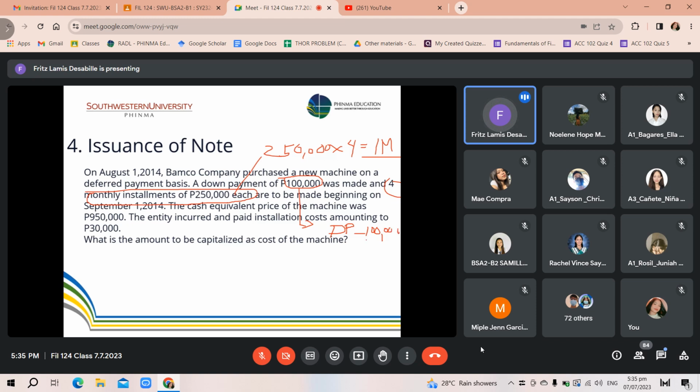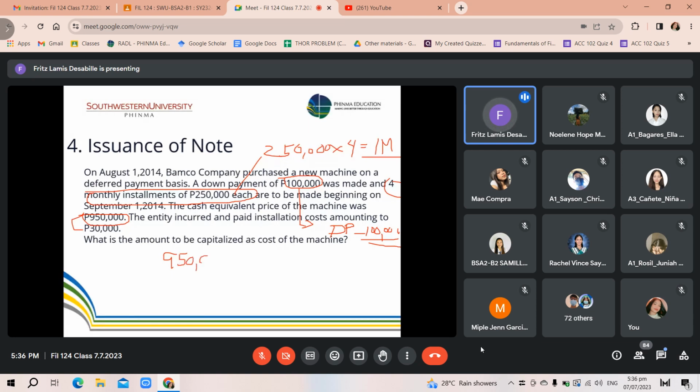Take note of the problem, guys. This is a non-interest bearing note. However, this will not impact much because we have already been given the cash price equivalent. Since the cash price equivalent is already given, we can simply use this cash price equivalent of 950,000.